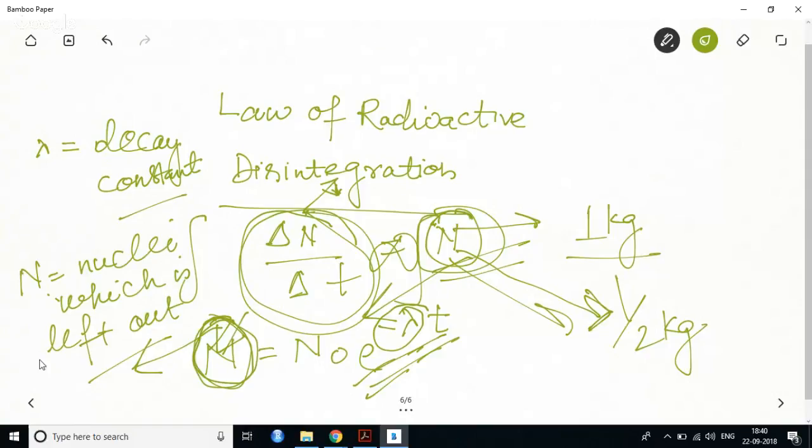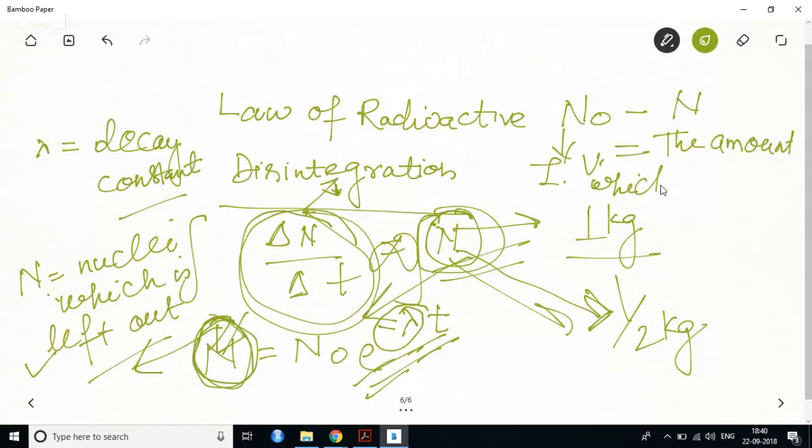If somebody asks how much has been disintegrated, the initial value was N0, so N0 minus N would be the amount which has already been disintegrated.